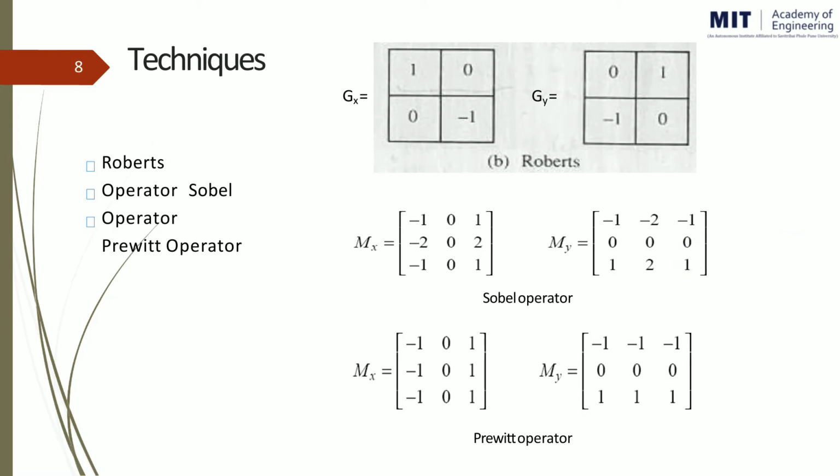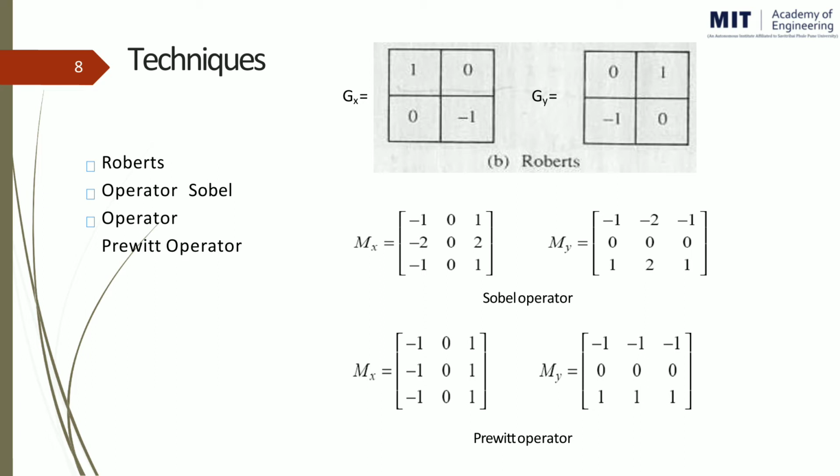Techniques. There are different techniques used in edge detection. First one is Roberts operator, Sobel operator, Prewitt operator. The first matrix is of the Roberts operator. In this, the diagonals of the first image get converted and become adjacent in the second image.